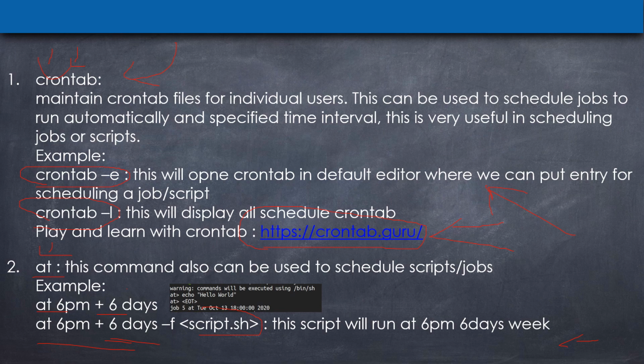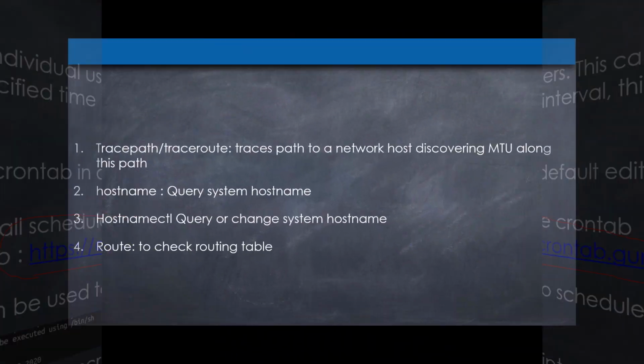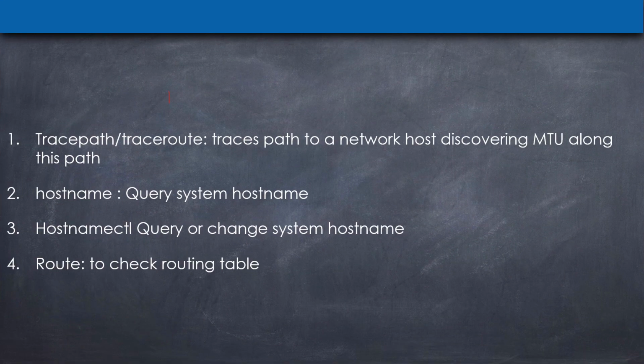Let's move forward now. So tracepath, traceroute. Suppose you want to see how many hops are between two different servers, you can use traceroute. Suppose server A to server B, and how the connectivity goes between them, you can use tracepath with server B. This will display how many hops there are and whether B is reachable or not.